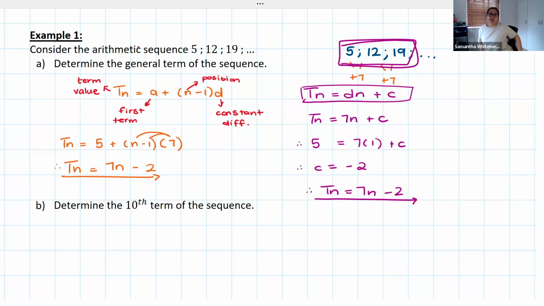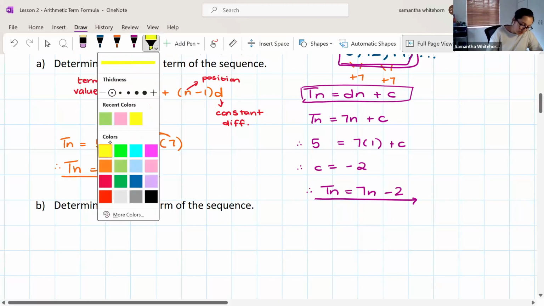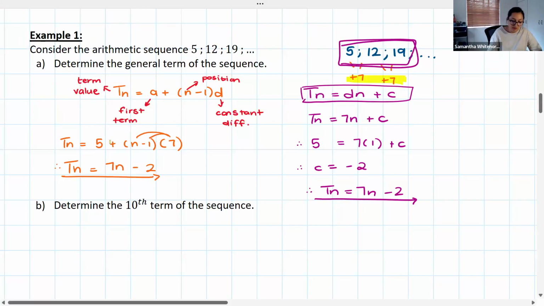Now you can also just do this by inspection. So when I say by inspection, I don't want to say by guessing, but you can look at it and work it out without needing to set up a formula. And the reason for this is there's a really cool relationship that exists with these values. Our constant difference of 7 is always, in a linear pattern, going to be the coefficient of n.